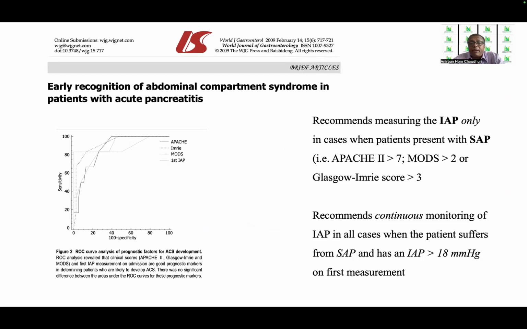They also recommend continuous monitoring of intra-abdominal pressure in all cases where the patient suffers from severe acute pancreatitis and has an IAP of more than 18 millimeters of mercury on the first measurement. That is why the first measurement or baseline value of IAP is extremely important in these patients.